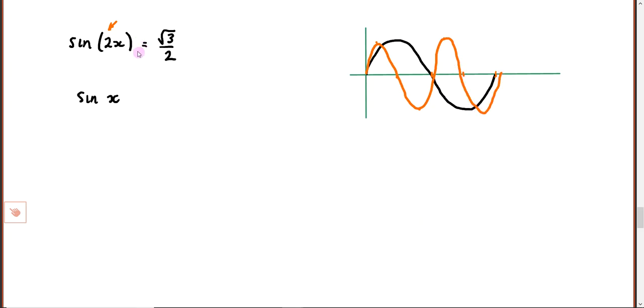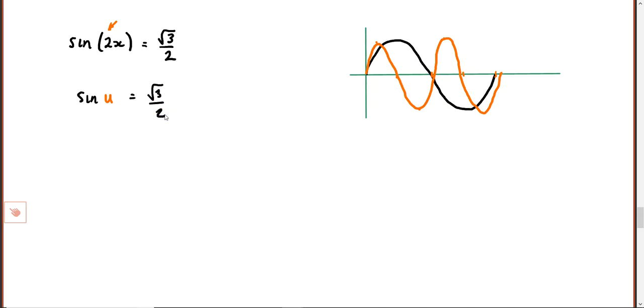So if I wanted to solve sine of 2x equals root 3 over 2, suddenly I'm going to get more solutions, right? But what I can do, and this is what they've done, is let's have a look at what it would be if I said sine of u is equal to root 3 over 2.